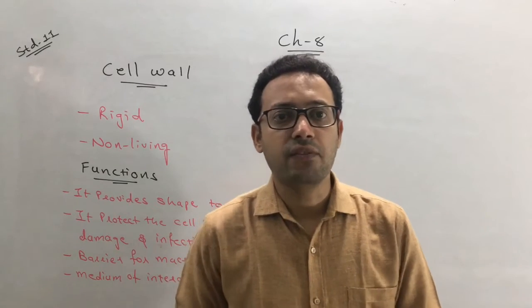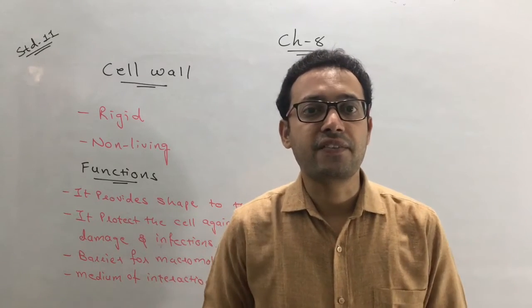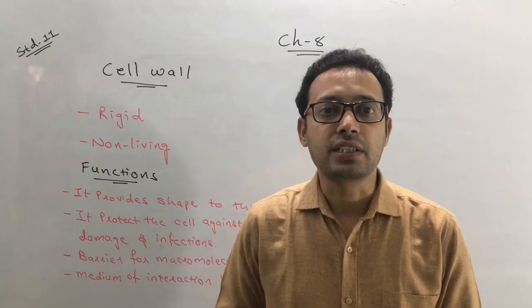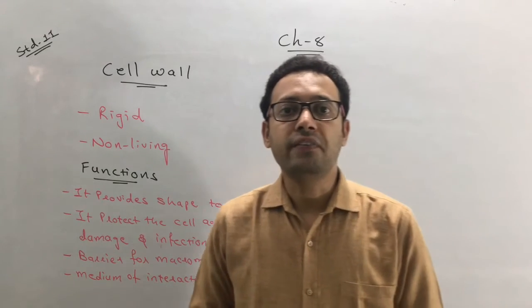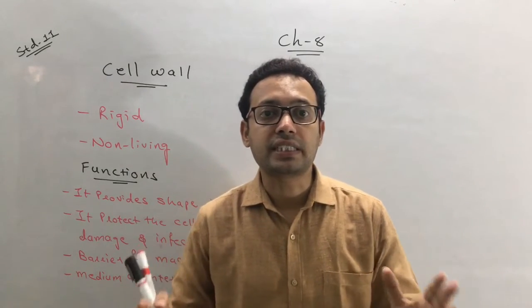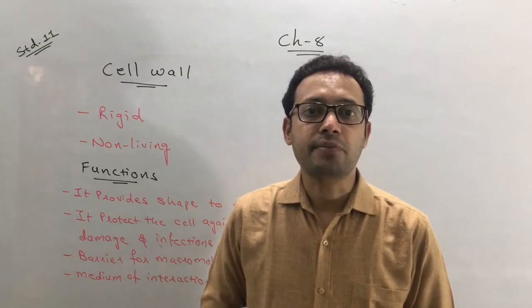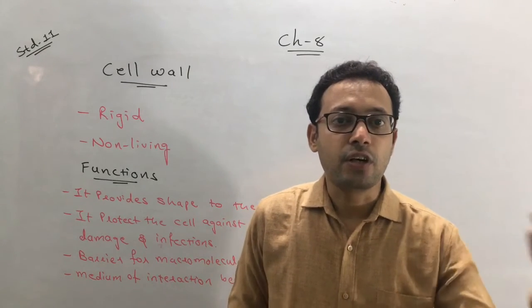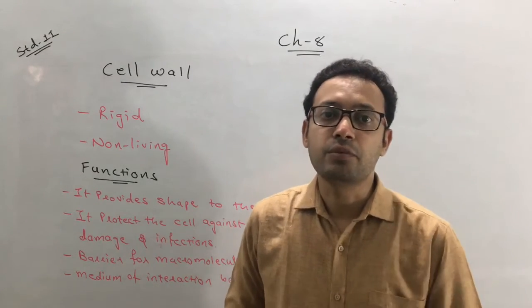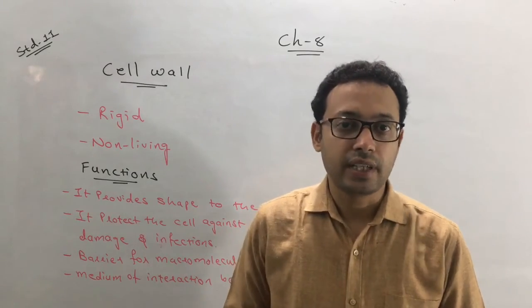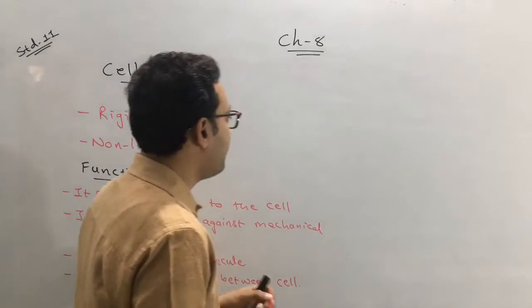Now, if you see the cell wall that is present in the different types of living organisms, the composition of the cell wall is not the same. The composition of the cell wall may vary from one living organism to another. Let's see with an example.